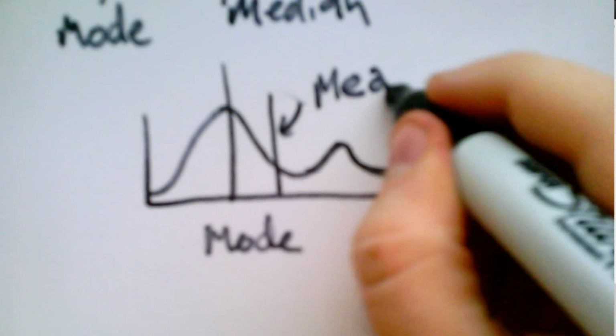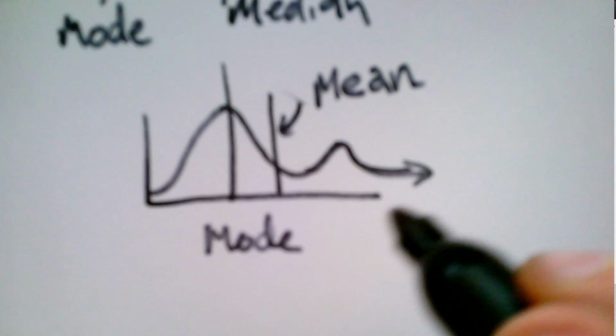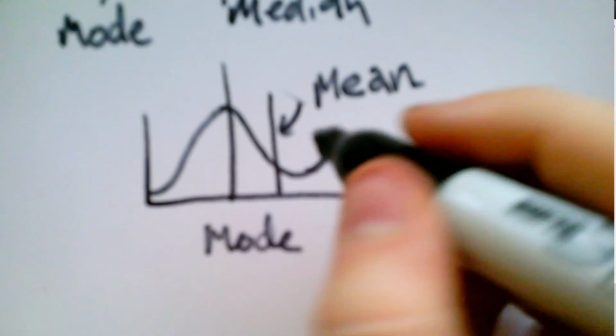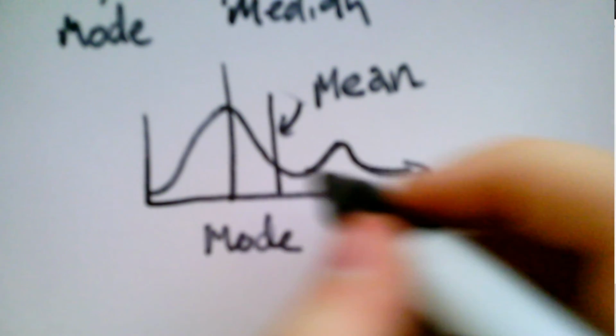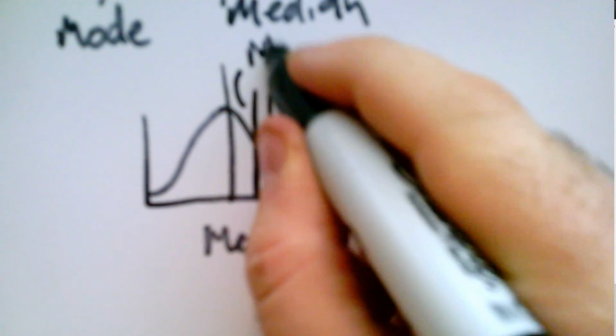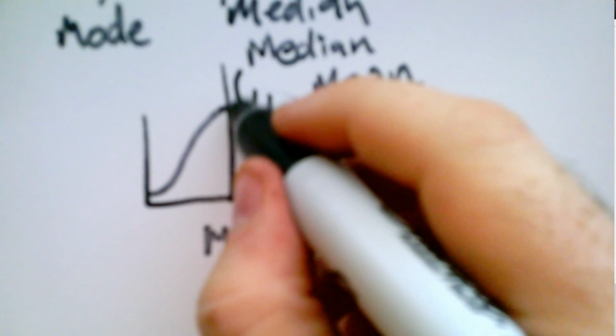The average is also called the mean, so I'm going to try and use that term. And the median will also be pulled up from the mode because there are lots of elements up here too, and we're trying to find the middle element. Sorry, for the median. So it'll be higher than the mode in this case.